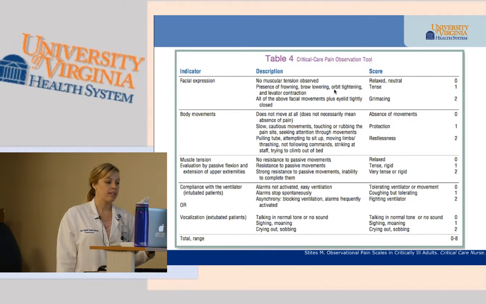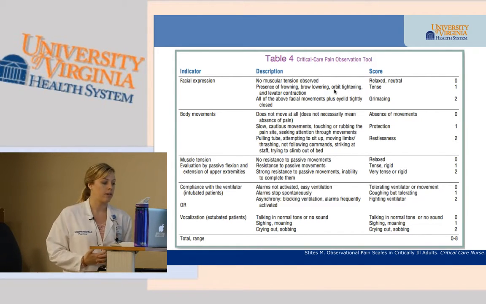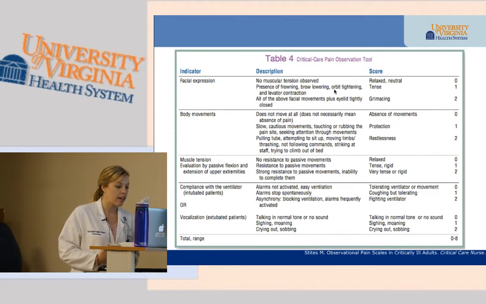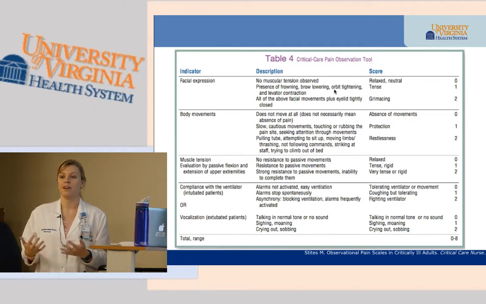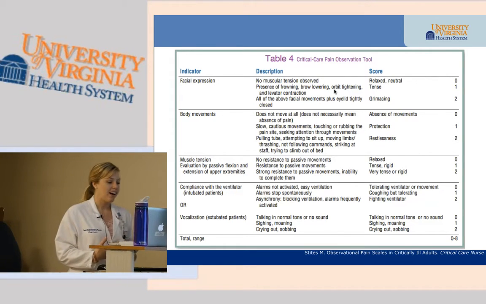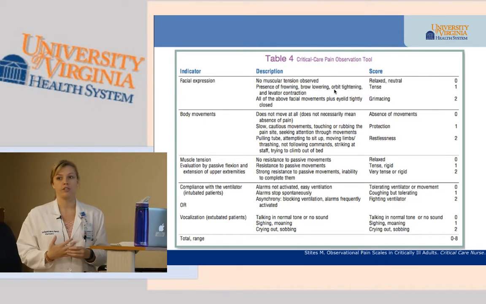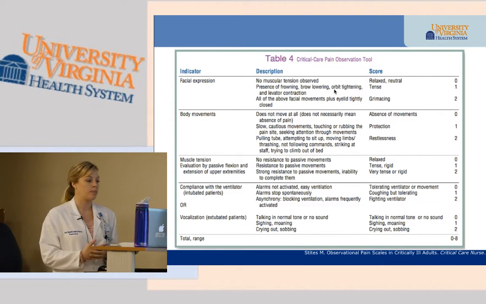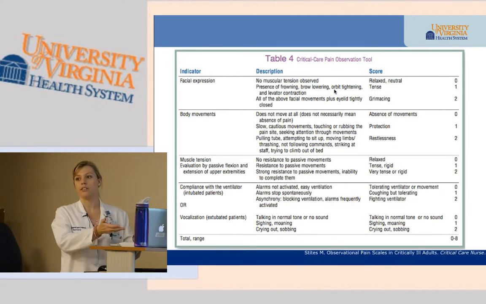And then body movements, if they're very tense and rigid, that could be another sign that they're in pain without communicating. And then also if they're able to vocalize, if they're screaming out, obviously something is wrong. So anything with a 2, we need to treat. So this is something that we use. You might see it in Epic. You might see a CPOT score, so this is what the nurses are measuring.